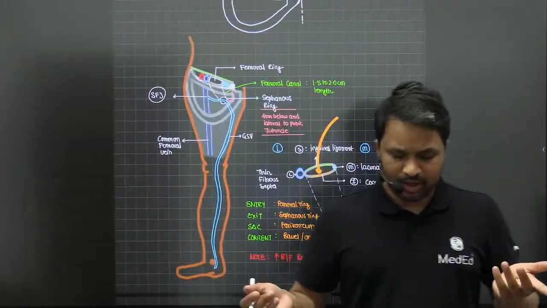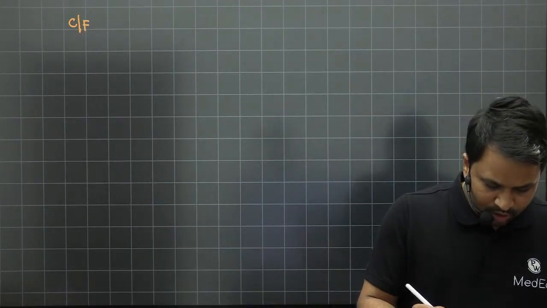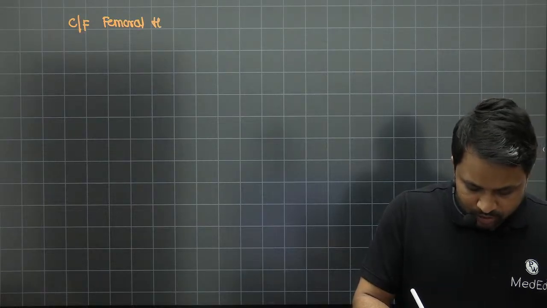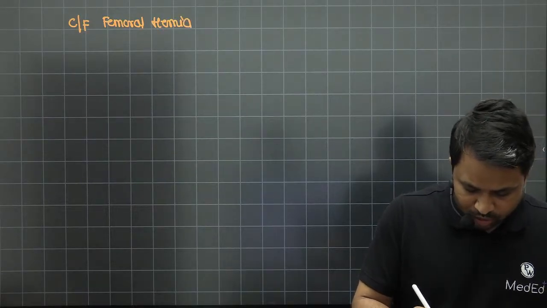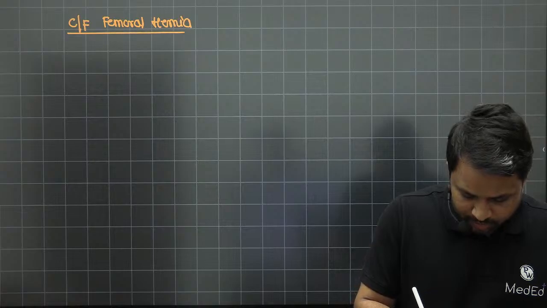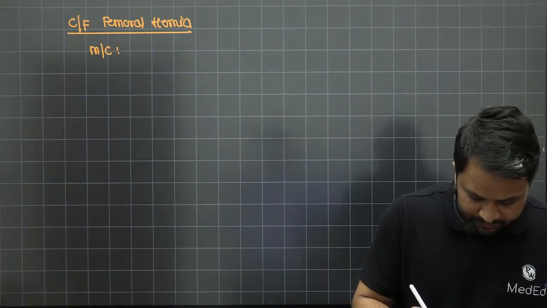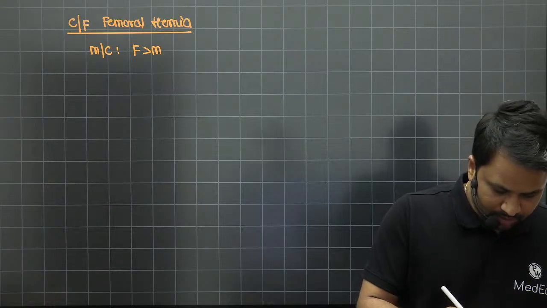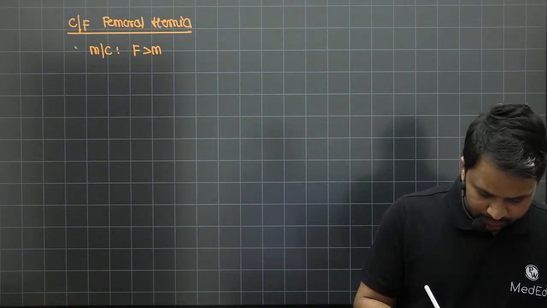Now let's talk about how a patient of femoral hernia is going to present to you. We'll talk about the clinical presentation or the clinical features of the patient presenting with femoral hernia. Femoral hernias are more common in females when compared to males, right?